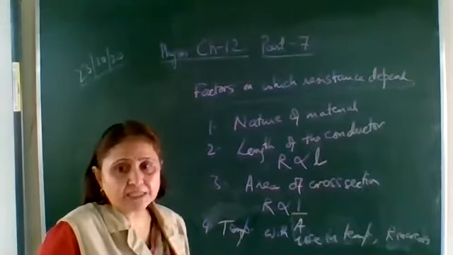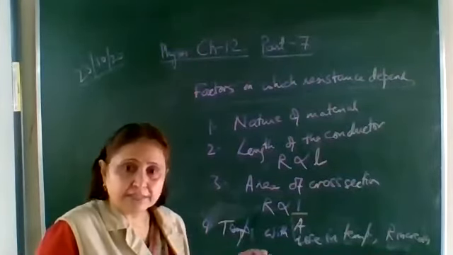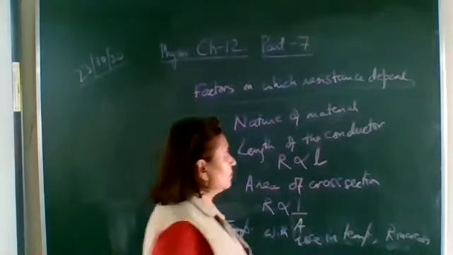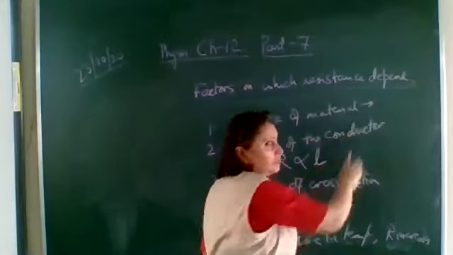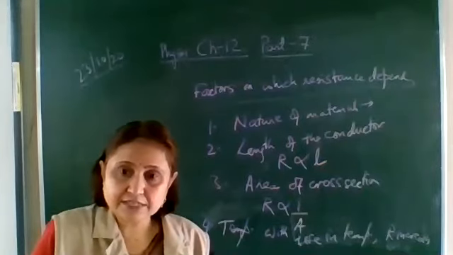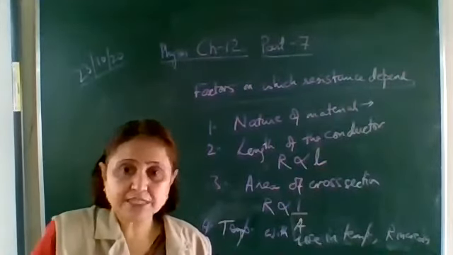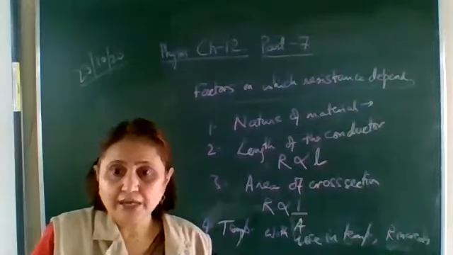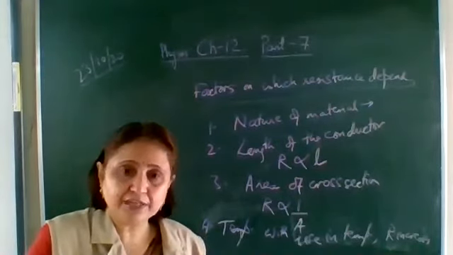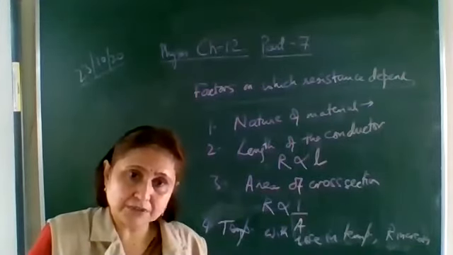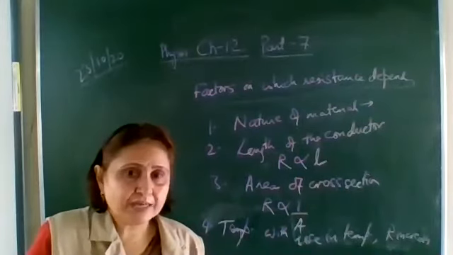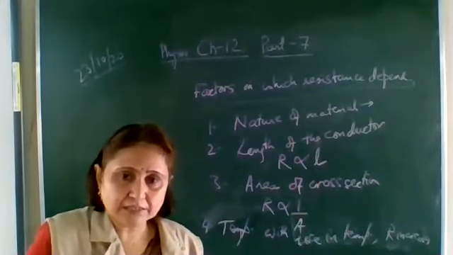The first factor is the nature of the material. Different materials, different resistances. Copper has some resistance, aluminium has some other resistance, and iron, gold, silver all have different values of resistance. So the first factor is the nature of the material of the conductor.